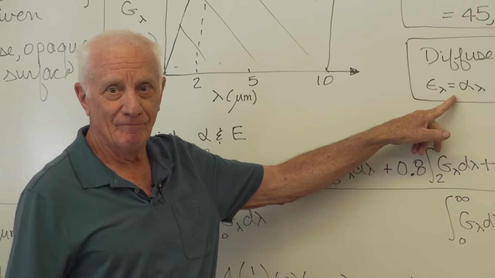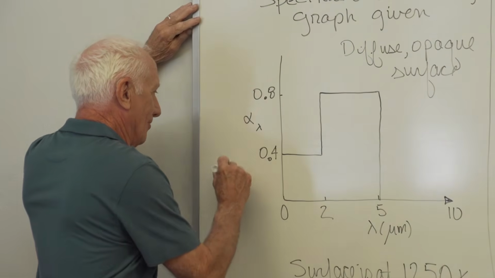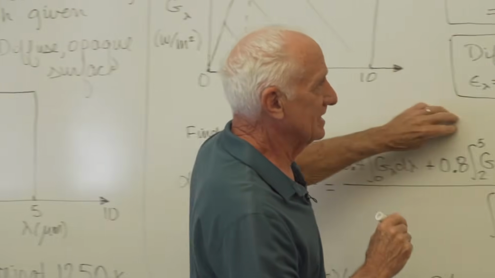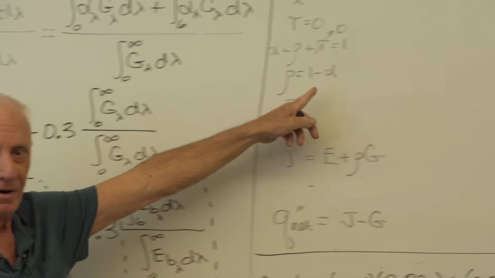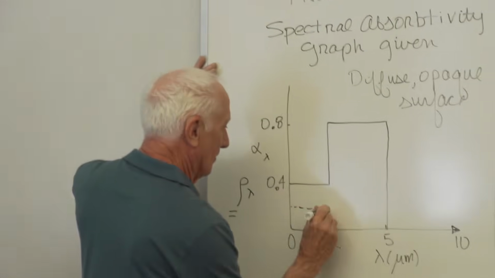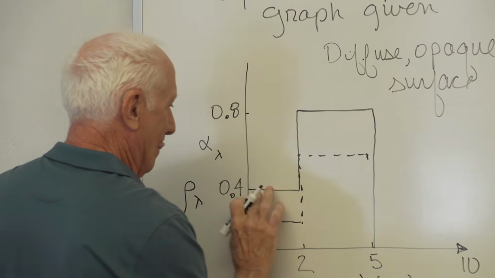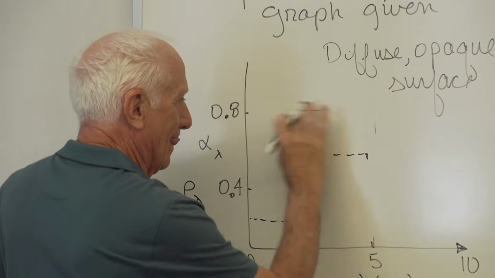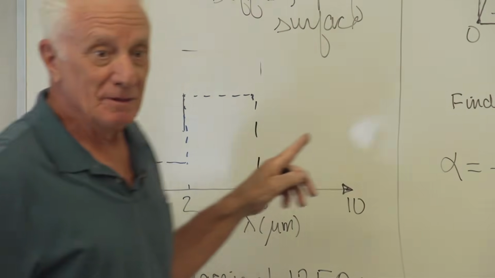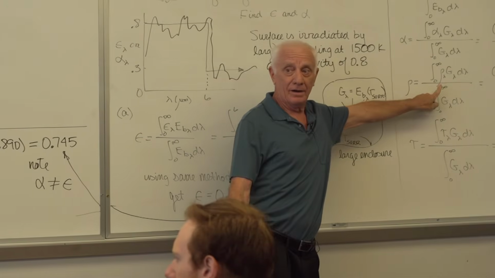I'll tell you something else. You can do a rho lambda, because what is rho lambda? 1 minus alpha. So 1 minus 8/10 is 2/10. 1 minus 4/10 is 6/10. There's a rho lambda graph. So someone could make an issue to say, find rho. Okay, here it is.